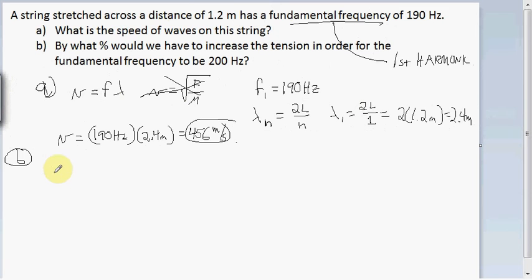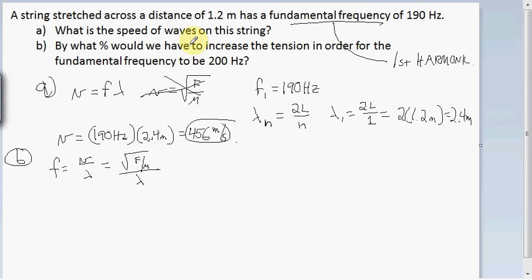Part B. By what percent will we have to increase the tension in order for the fundamental frequency to be 200 hertz? So the frequency, as we set up here, is equal to v over lambda. And the way this is related to tension is that v is the square root of F over mu, the tension in the string divided by the linear density.